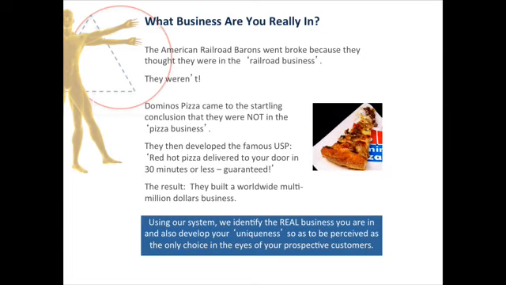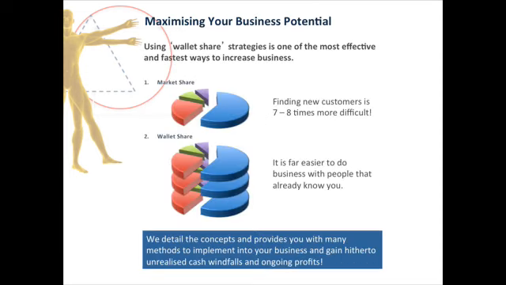And getting back to my point about what Peter Drucker was saying, this is a great illustration of innovation. And that's, Mr. Prospect, what we've got to do for you. What do you think of that? Good, yeah. Okay. Right, so we're going to use our system. We're going to identify what business you're really in as well.